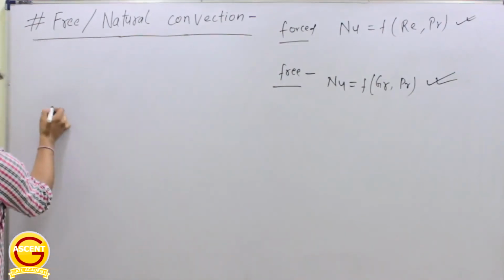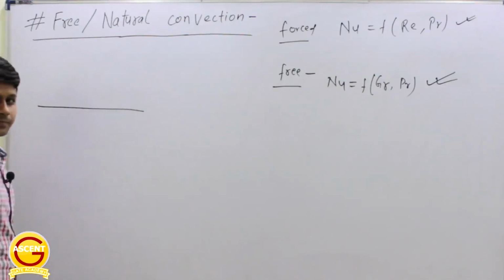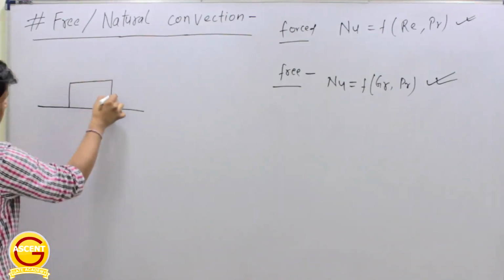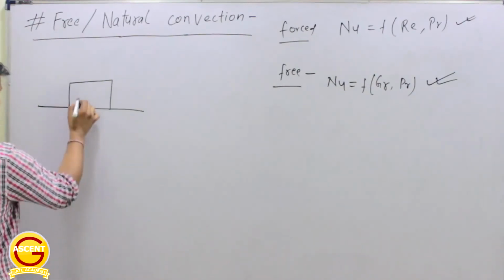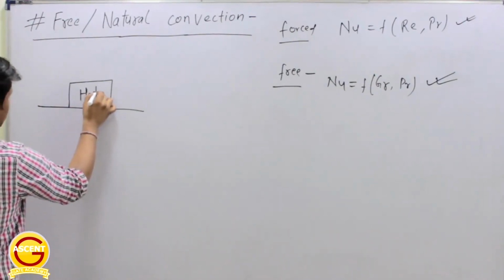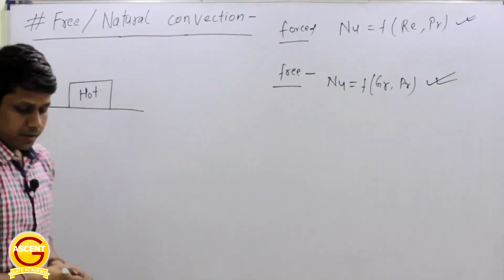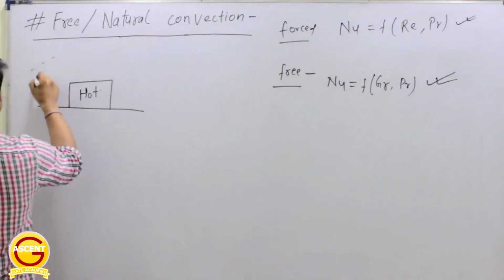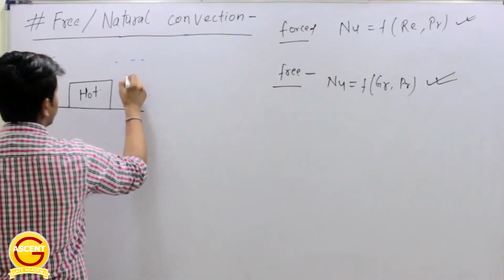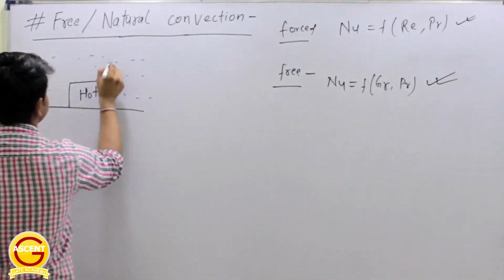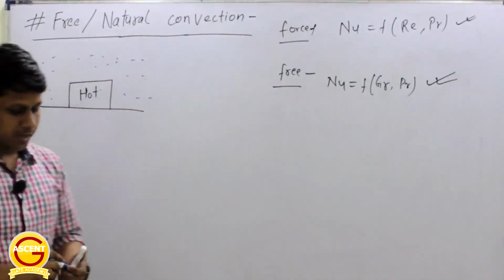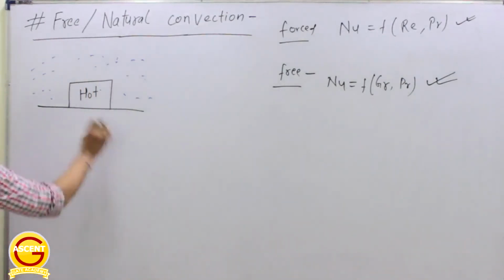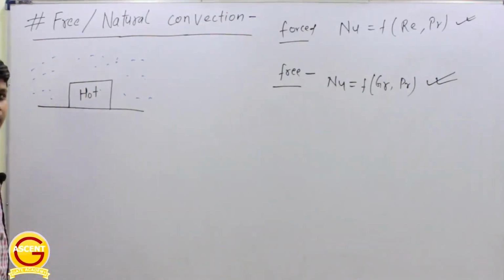So let's say there is a table, and on this table some hot substance is kept. Let's say it is a hot block, right? And in this atmosphere there are some air particles surrounding this hot block. These air particles are cooler than this hot block, right?